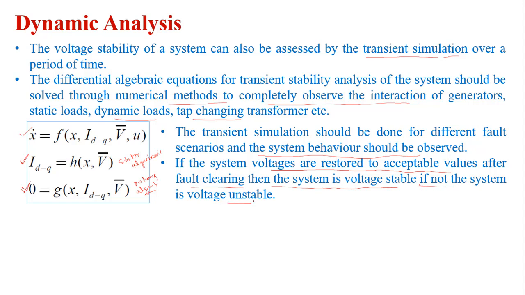So this is how we do the dynamic analysis. We do the transient simulation analysis for different faults, and under different fault conditions, after the fault clearing, if your voltage is retaining its acceptable value, then we say the system is voltage stable. If not, then it is voltage unstable.